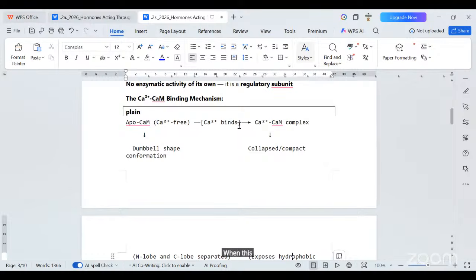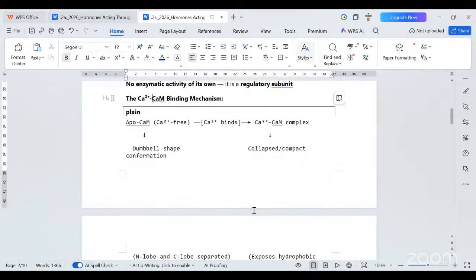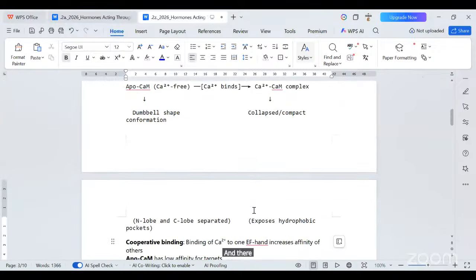When this complex is formed, it collapses, and this collapse exposes the hydrophobic parts of the complex, thereby trapping the calcium.